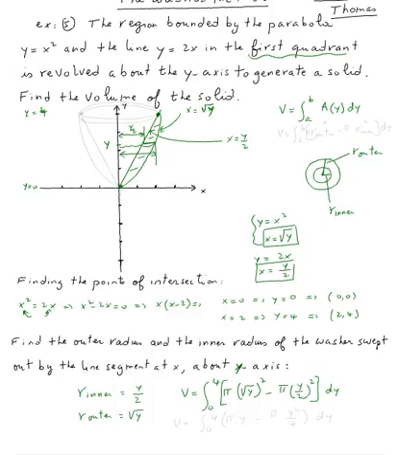So remember, V is always the integral from a to b of pi R outer squared minus pi R inner squared dy when we have a washer. So to finish this, V equals the integral from 0 to 4 of pi times square root of y squared, which is y, minus pi times y squared over 4, dy.